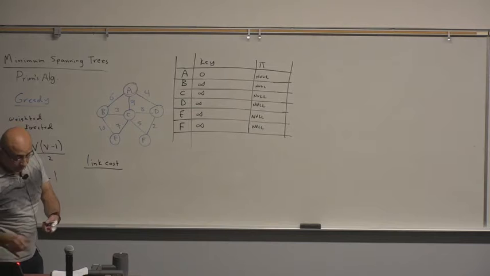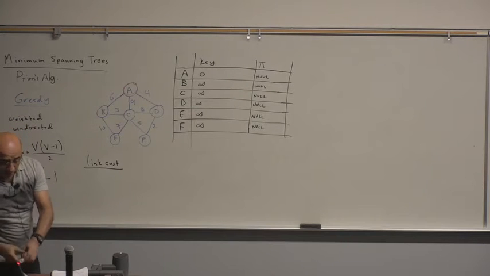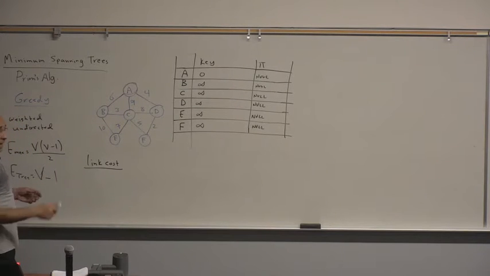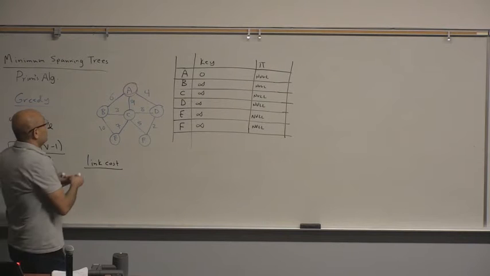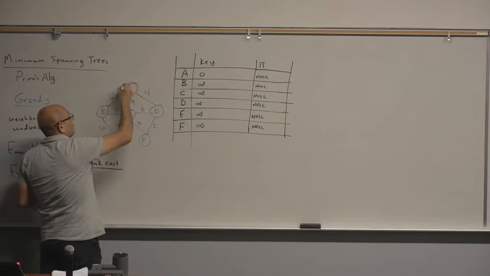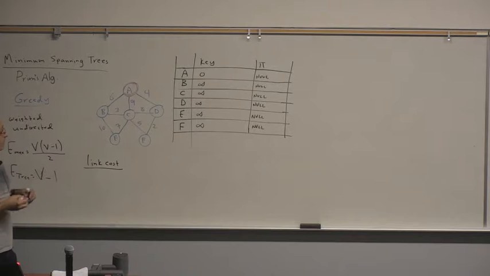So it's a greedy algorithm. So we're going to say, okay, now we started with A. A is connected. It's linked to the network. We only have one node in the network at this point.